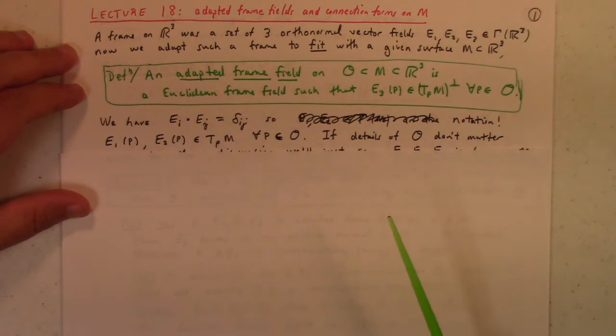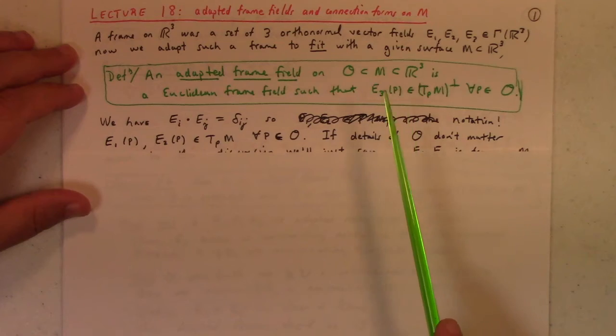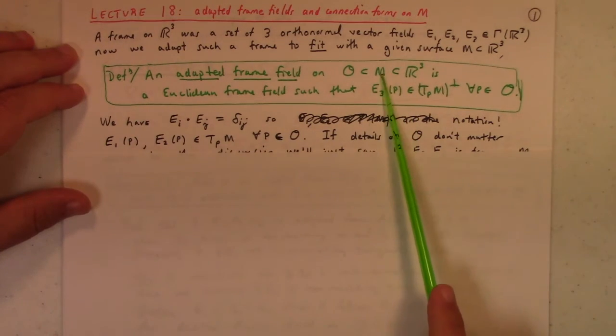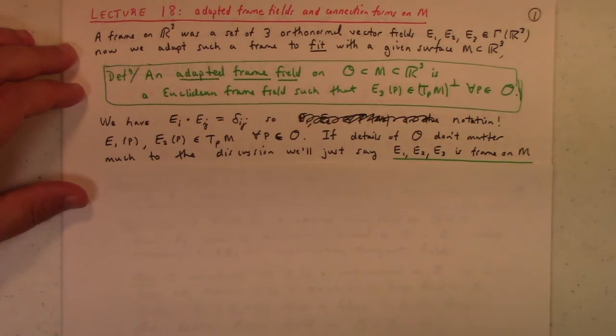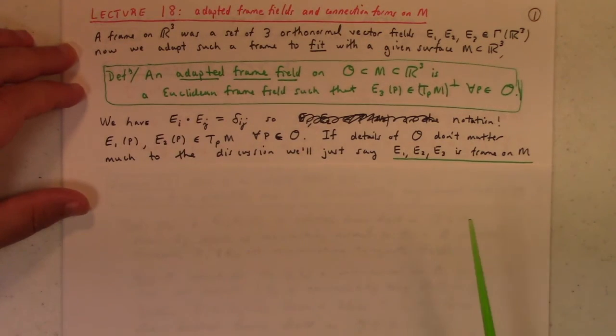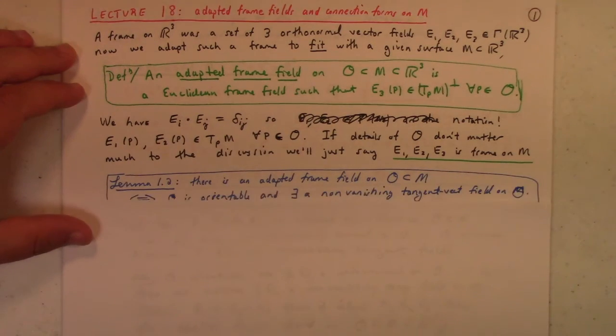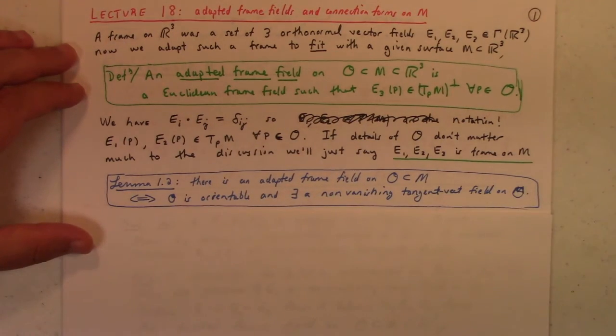And as O'Neill tells us, you can talk about it for some subset of M, but often we just say it's a frame field on M with the understanding that it may not cover all of M, so it's kind of cavalier, but not too harmful really. For example, we'll talk about a frame field on the sphere, but technically speaking, it's on the sphere modulo the north and south pole. Typical abuse of language.